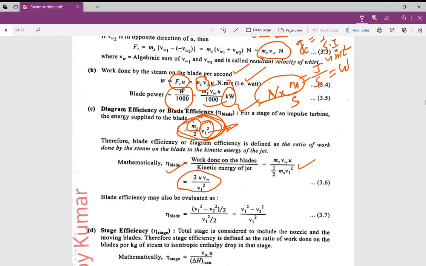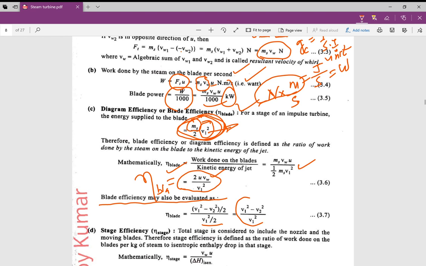So dear students, please remember blade efficiency is 2u Vw upon V1 square. In terms of velocity, it is also written like this: (V1 square minus V2 square) divided by 2, divided by V1 square by 2.